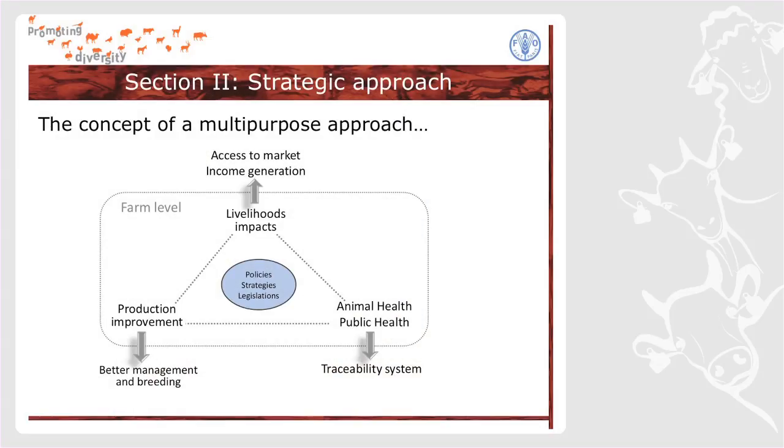This concept is based on the fact that animal recording is used to improve production, either through better management or breeding. It's also used to improve animal health and public health through traceability, but also through animal health information recording. It's also used to improve the livelihood of people through better access to market and improved income generation.